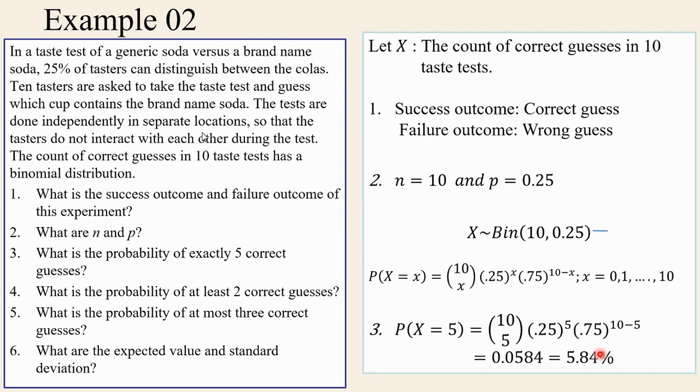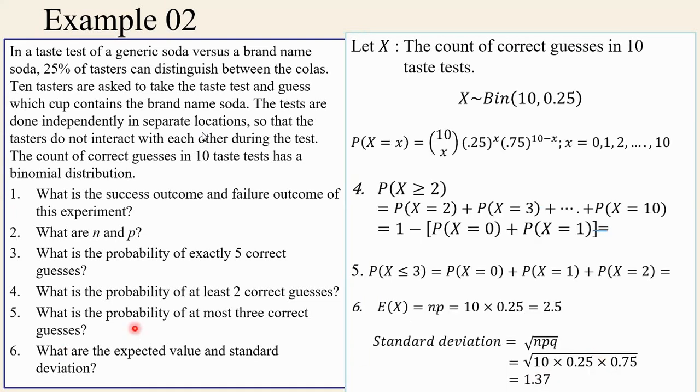That means there is a 5.84% chance that exactly 5 customers correctly identify the branded soda out of 10 customers, or 10 tasters.